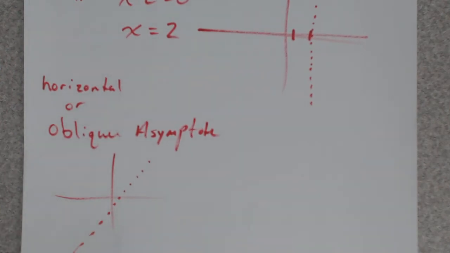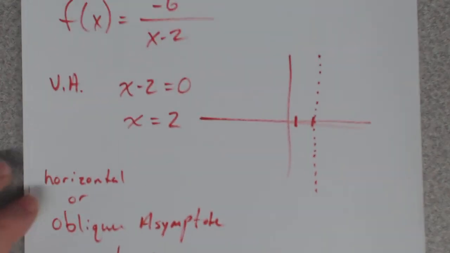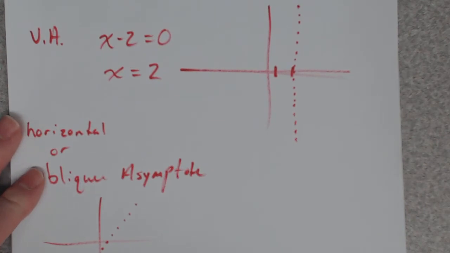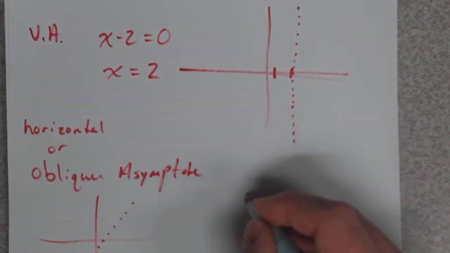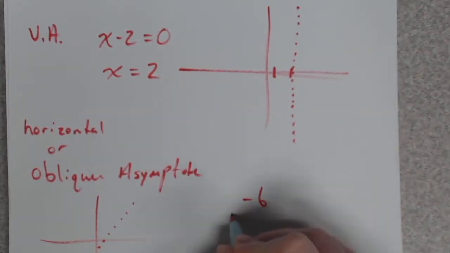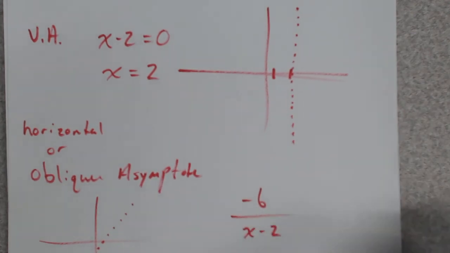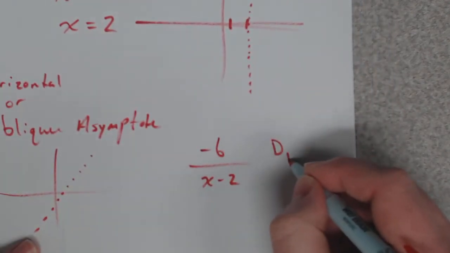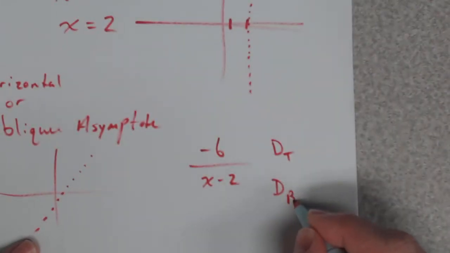So what Hawks tells you to do, to find your horizontal asymptote, is look at the degree of the top and the degree of the bottom. So for this question, we'll take our function here and look at the degree of the top versus the degree of the bottom.